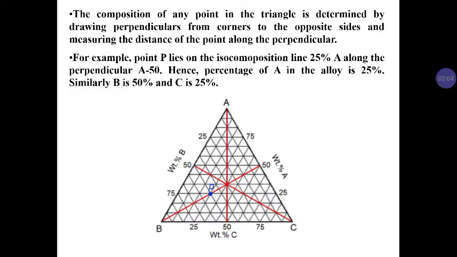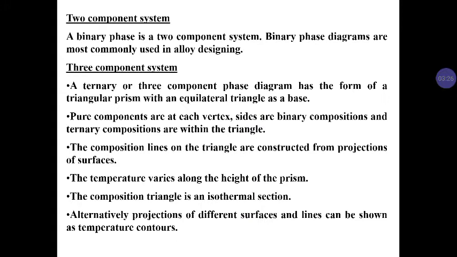That means if you want the weight percentage of A, B, C together, for example at this particular point, let us consider a point P. At this point we can calculate the percentage of A, the percentage of B, and the percentage of C. At the vertex it is pure, at the sides it is the binary composition, between A and B, B and C, or AC.